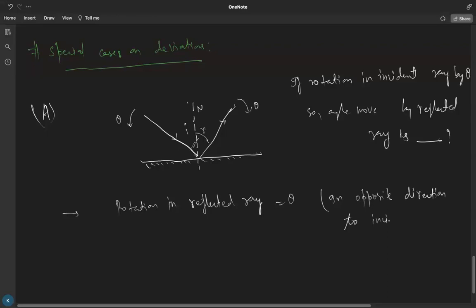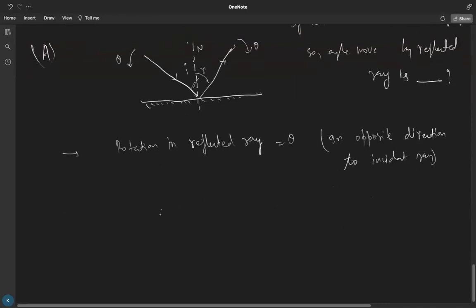So let me draw a simple table here, you can easily relate it. This is angle I, this is angle R, and you are rotating I by theta.